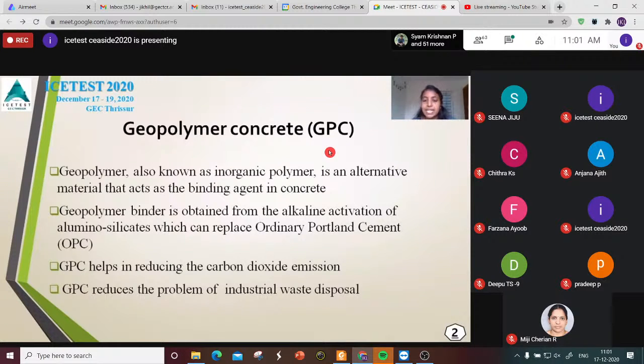Thus, it can replace the ordinary Portland cement in the concrete. As this geopolymer is obtained from byproducts of industries, it can be eco-friendly. How? It is a solution to the problem of waste disposal from the industries, and it also reduces the carbon dioxide emission from cement.